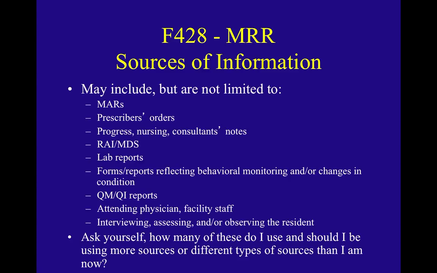And ask yourself, how many of these do I use, and should I be using more sources or different types than I am now? One of the things is every home's charting is a little bit different. Sometimes when new labs or new reports come back, those are posted somewhere, like a folder or a clipboard for the physician to see when they come in.